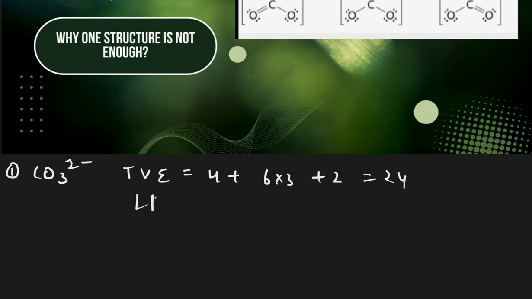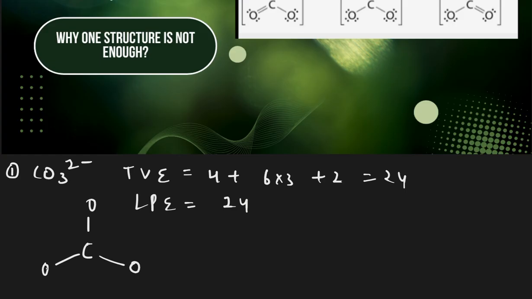Then we have to find the lone pair electrons. We can do that by subtracting the bond pair electrons multiplied by 2 from the total valence electrons. So how to find that out? First we need to find the central atom and attach the other atoms around it with single bonds.